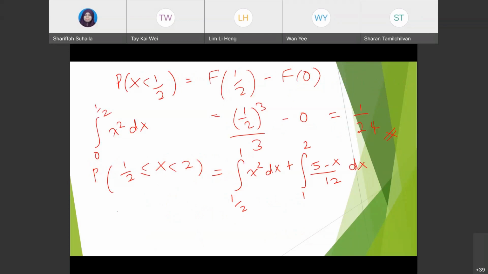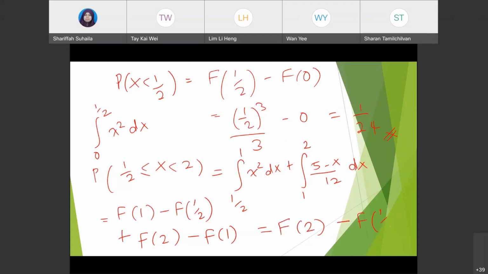So that means kalau let's say kita nak ikut yang ni, maksudnya F1 minus F half, plus kat sini F2 minus F1. So it's the same thing if you just write F2 minus F half. So gantikan nilai dia. F2 minus F half.